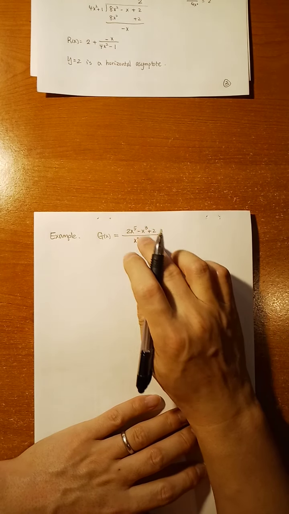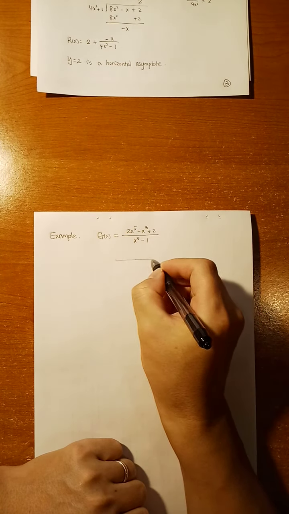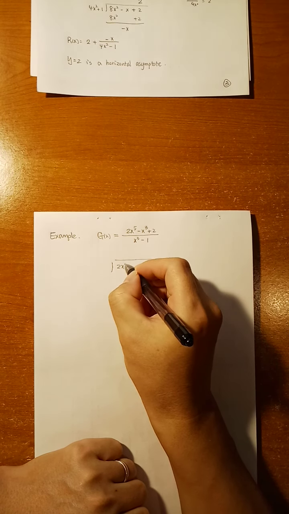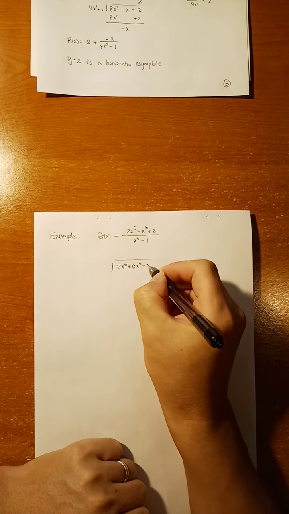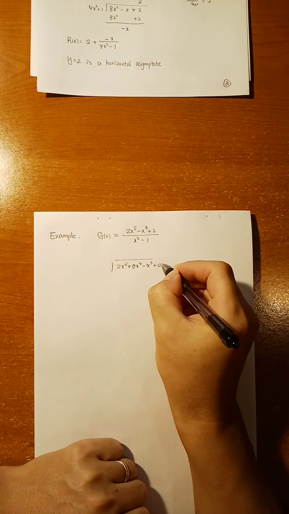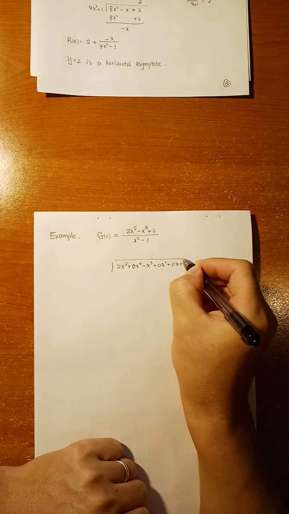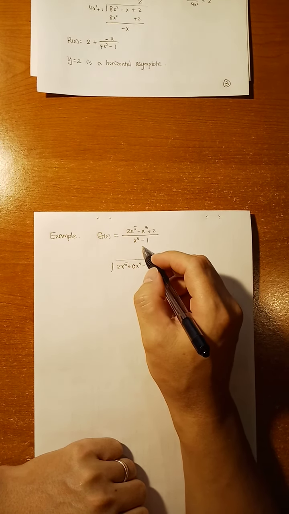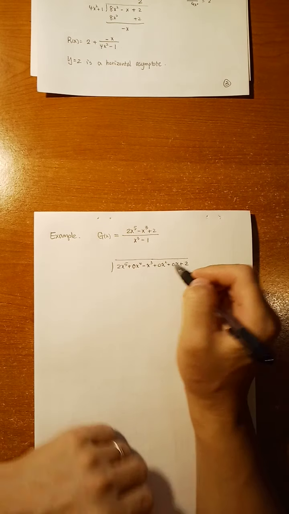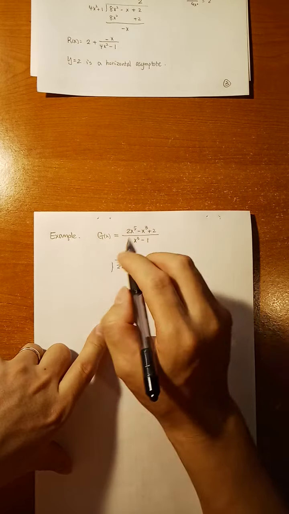Now the difference of degrees is 2. Let's try to do the division. Just be careful: when you divide the dividend by the divisor, you have to add the missing terms. For the divisor, you don't need to do that.